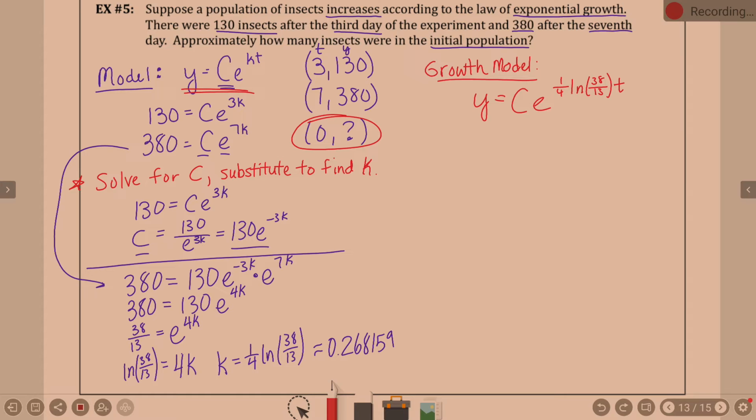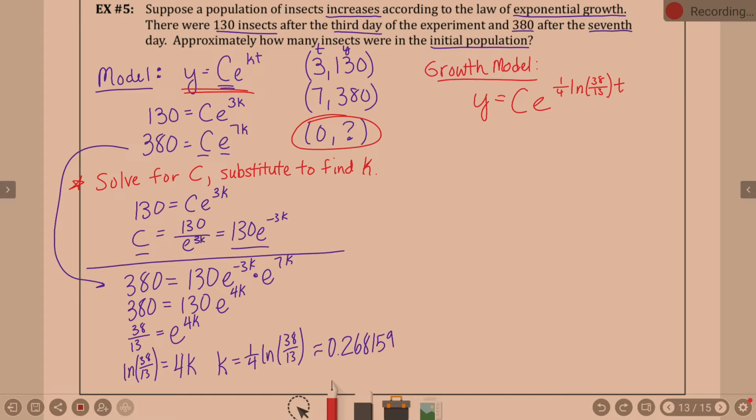Sorry, for a moment I thought, oh, we'll just plug in when t is 0, but that doesn't work, does it? That's where I got lost for a moment, because I'm thinking, oh, t is 0, that will give me c, but I also don't have a y value to plug in with that, do I?